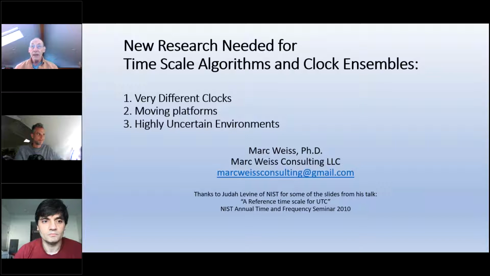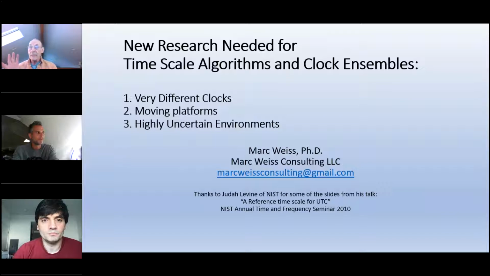For example, at NIST in Boulder, Colorado, most of the clocks in the ensemble are hydrogen masers. There are a few cesium clocks. They're also combining with optical clocks, experimental clocks that are just amazingly stable, orders of magnitude more stable. But all of the clocks have similar noise types. So what I'm going to do is review.